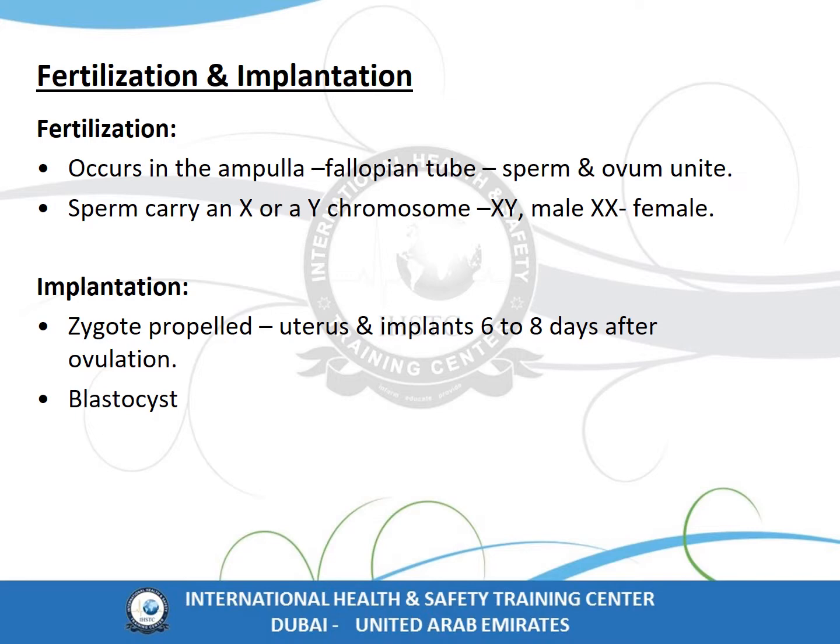Implantation. The zygote is propelled toward the uterus and implants 6 to 8 days after ovulation. The blastocyst secretes chorionic gonadotrophin hormone to ensure that the corpus luteum remains viable, and secretes estrogen and progesterone for the first 2 months of gestation.